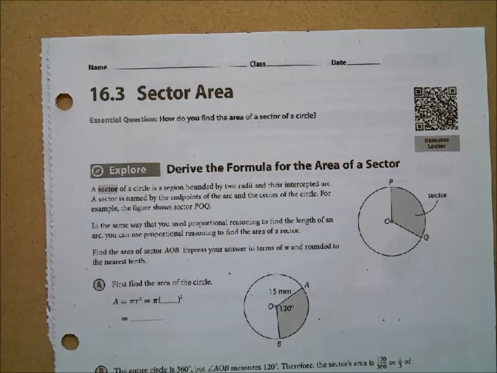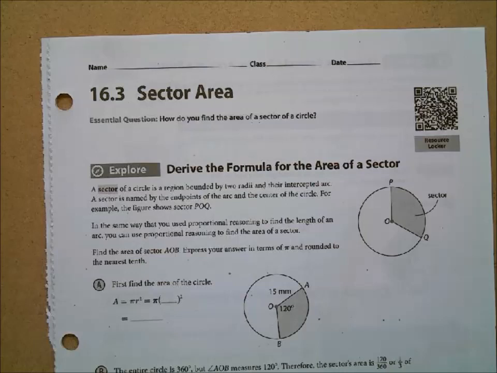All right, if you turn the page, you will see the formula for the area of a sector. I will not give you this formula for the quiz. You'll need to know it. But what will I give you? I will give you the area.